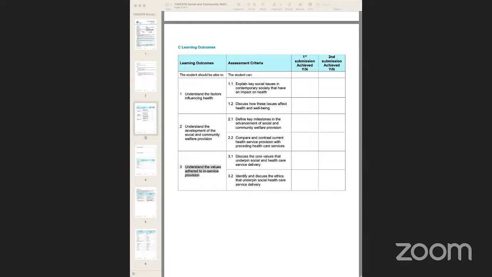These are the core values that are required to provide successful delivery of health and social care services. But when I say successful, what I mean is that it benefits the patient. It allows the patient to get better. It allows the patient to go back to their normal state.